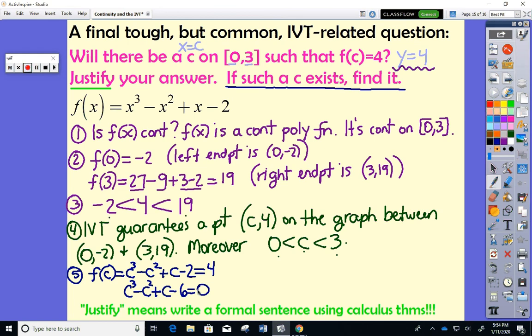So how could I solve a polynomial equation that doesn't group? Wait, let me think. Aha, rational root test, synthetic division. So the rational root test is going to tell me that I need to try plus or minus 1, 2, 3, and 6.